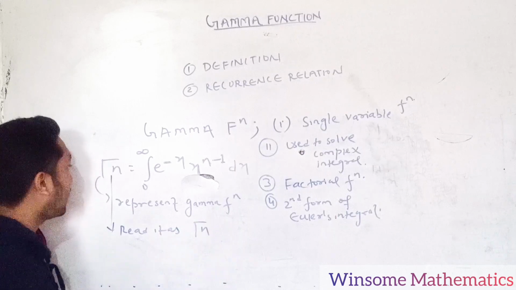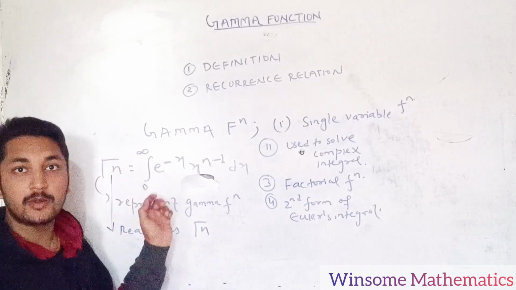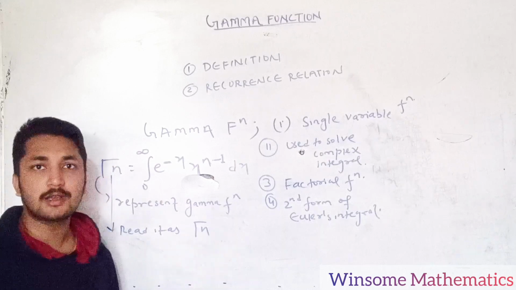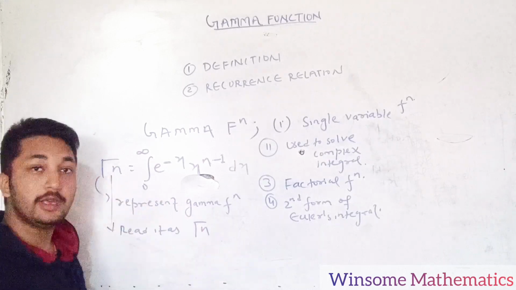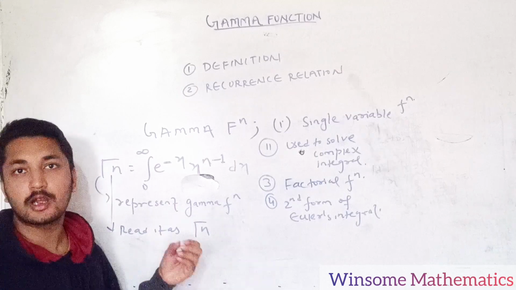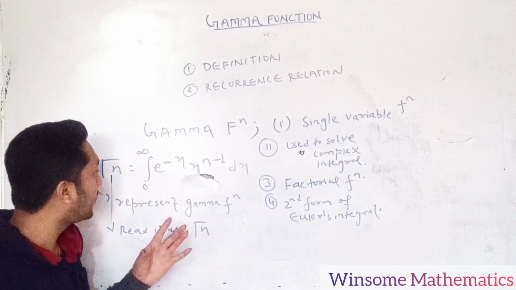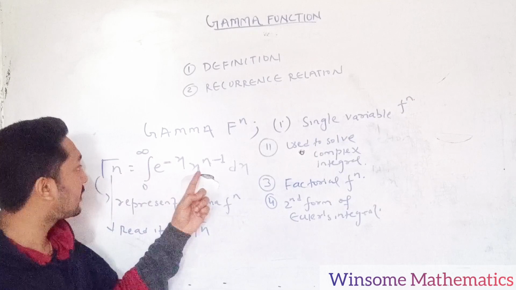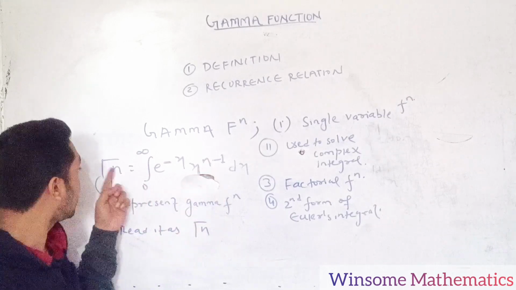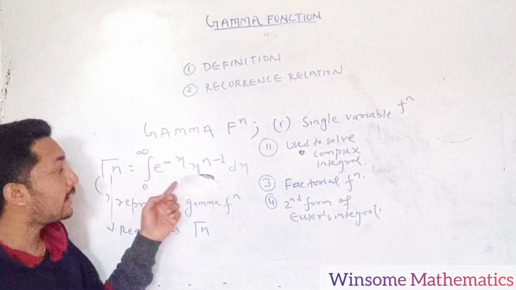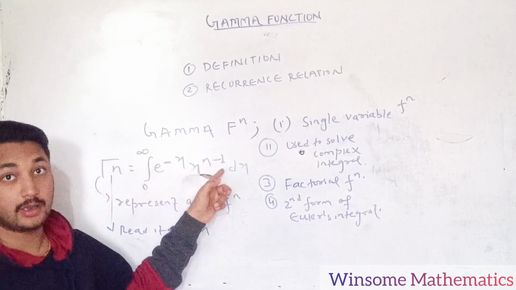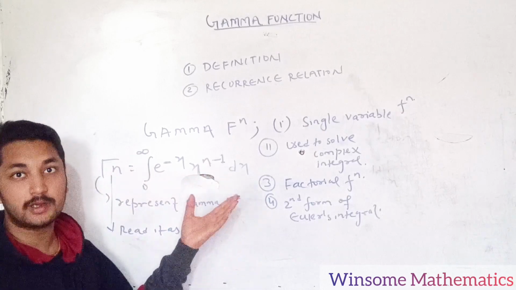If there is m instead of n, then we will read it as gamma m. Clear? Gamma p, gamma q, gamma s, gamma r, gamma t, etc. No problem. Now this n is here. If it is m instead of n, then that m will appear here. So what do you mean by this?